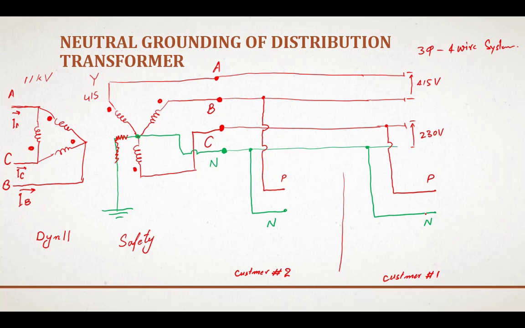For example, if someone here at customer 1 location is standing on the ground and is in contact with the phase conductor, there is no path for the flow of current. So this person will not experience any shock or damage due to the open neutral. The same is the case if this person is in contact with the neutral terminal, because there is no path for the flow of current, and there is no way voltage can appear between his hand and foot, so that person is safe.